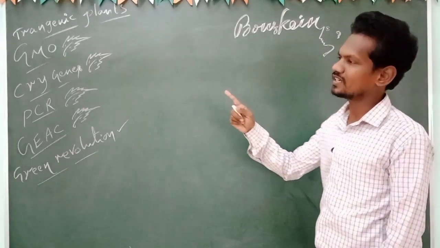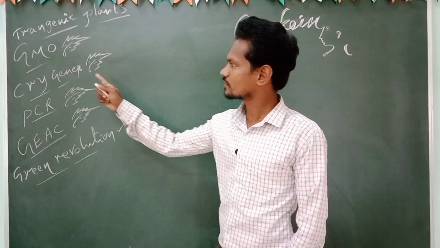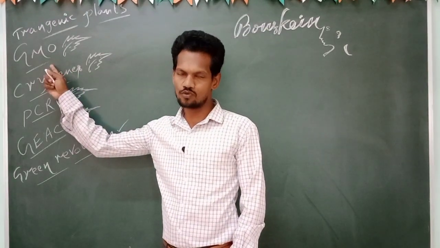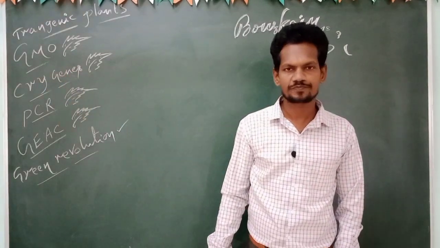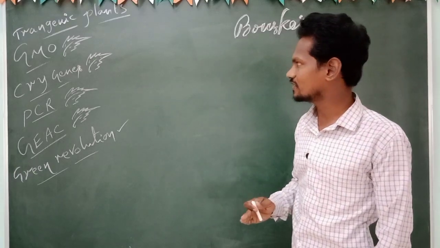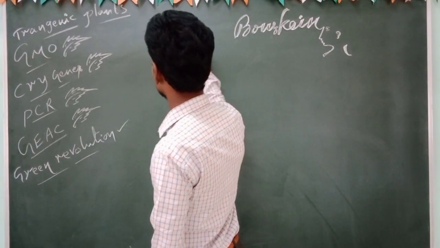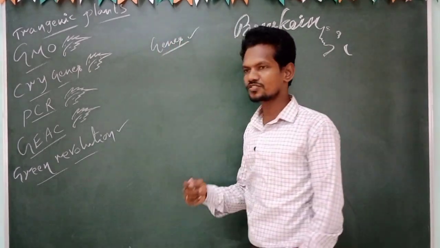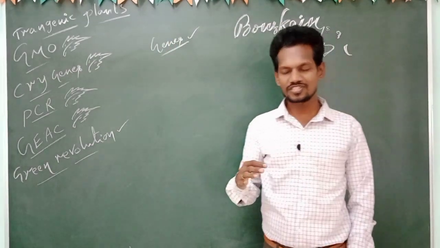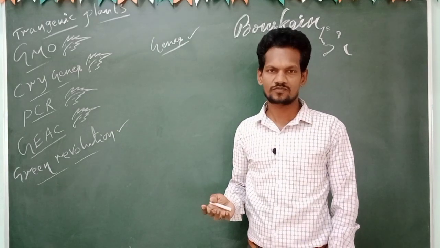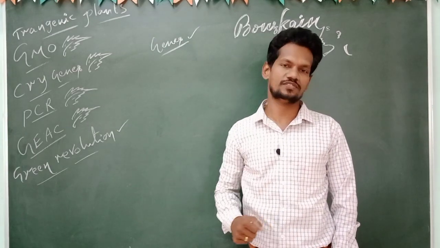The first one is GMO. What is meant by GMO? GMO is nothing but genetically modified organisms. The genes are modified and transferred from species to species, either in animals or plants.